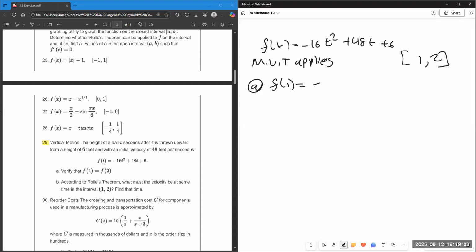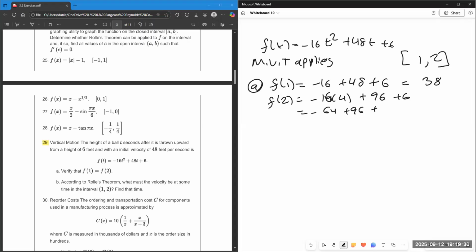So f of 1 is negative 16 plus 48 plus 6, which is 32 plus 6, which is 38. And f of 2 is negative 16 times 4 plus 96 plus 6, which is negative 64 plus 96 plus 6, which is 32 plus 6, which is 38.